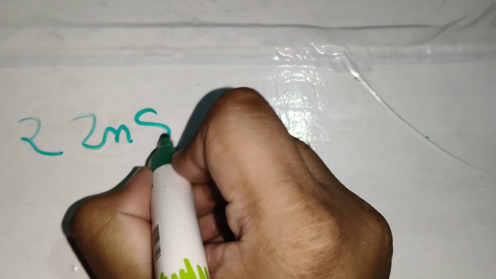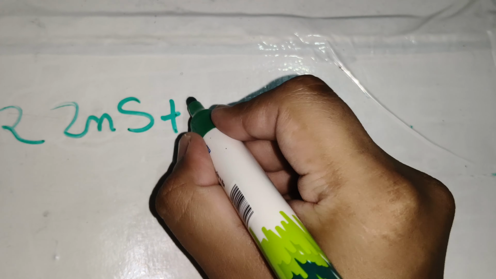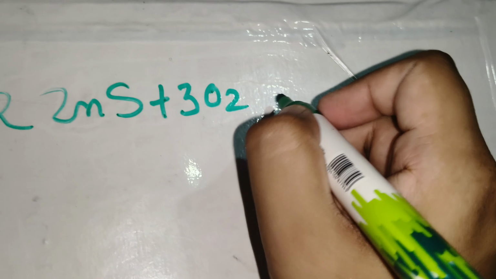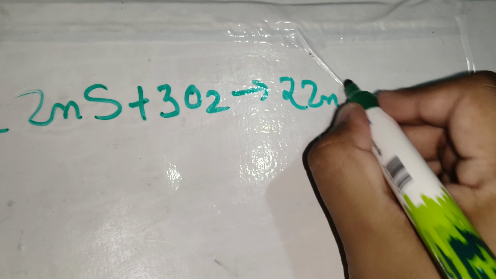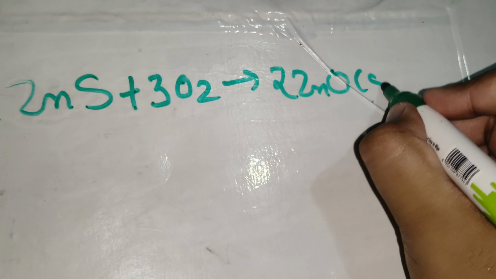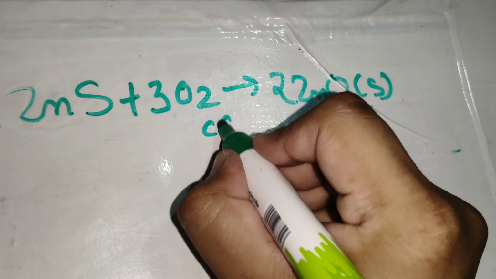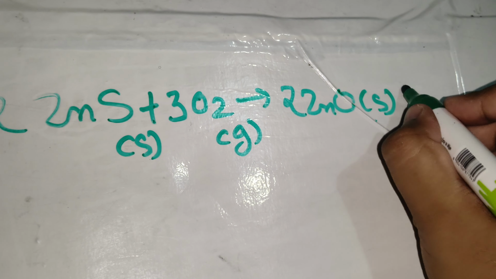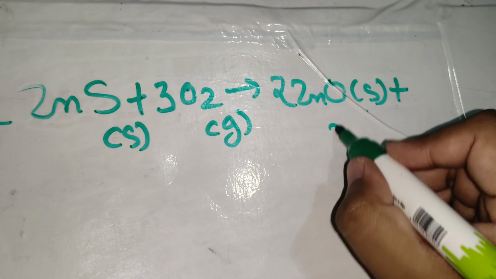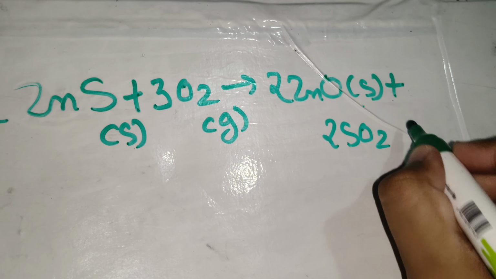Two zinc sulfide plus 3 O2 gives 2 zinc oxide solid plus 2 sulfur dioxide, that is gaseous.